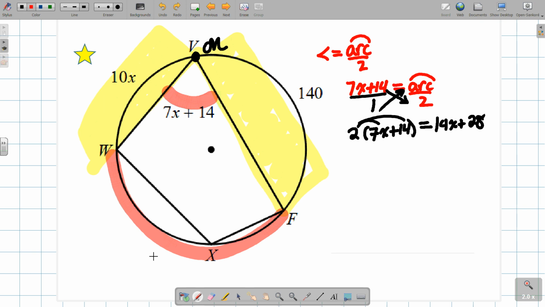So this arc over here, the entire red arc, is going to be 14x plus 28. Remove your Post-its.